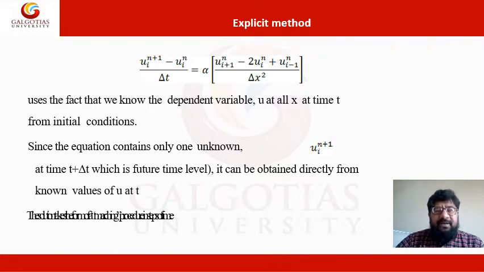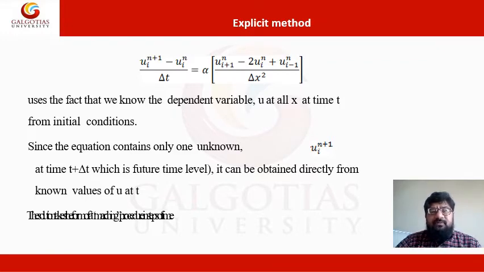In a similar manner, we will proceed. We will put n equal to 1, because in the previous iteration we have calculated the value of u at every node at n equal to 1. So we know all these terms for n equal to 1, and it becomes u_i at time level 2.